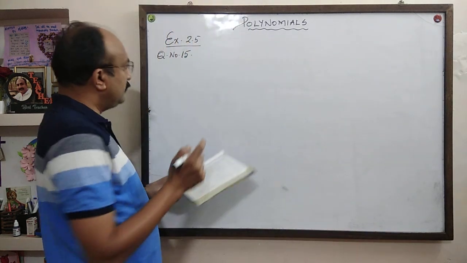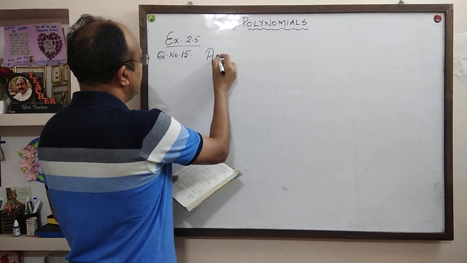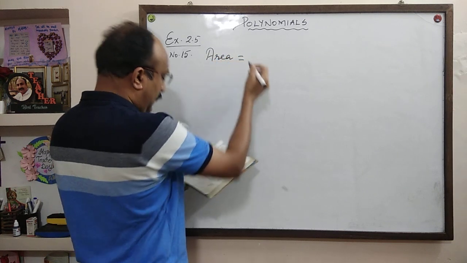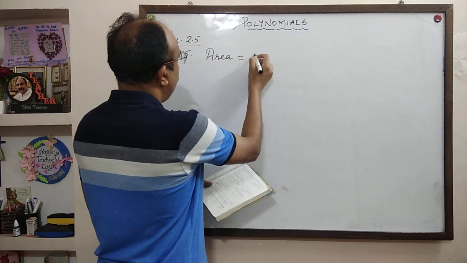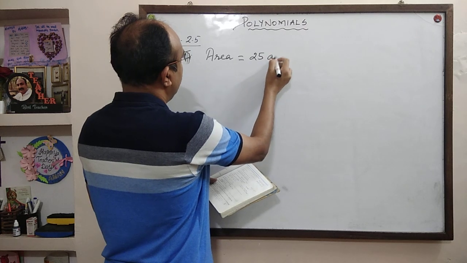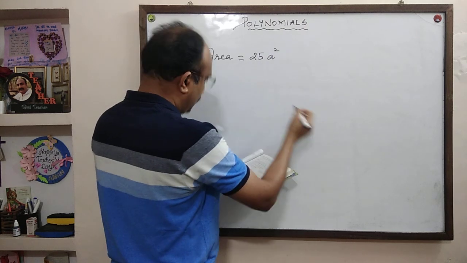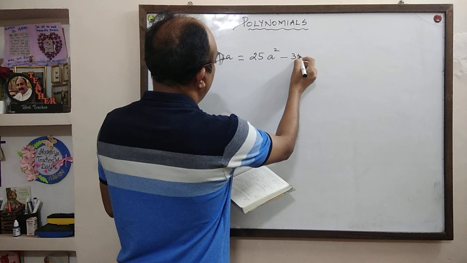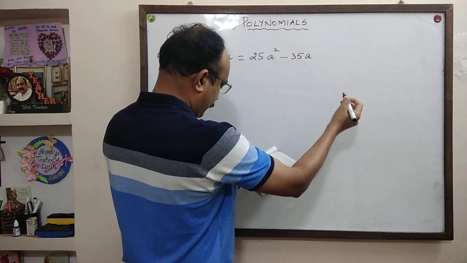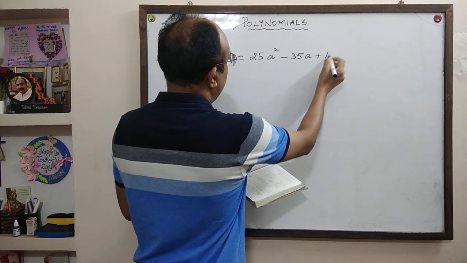I will explain after writing the question. Given area is equal to 25a square minus 35a plus 12.